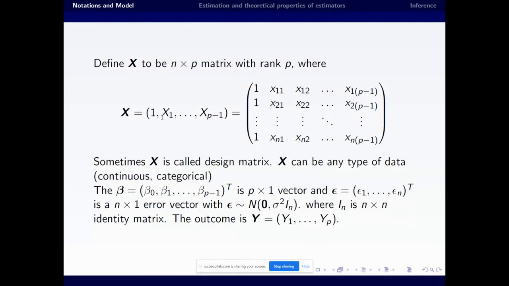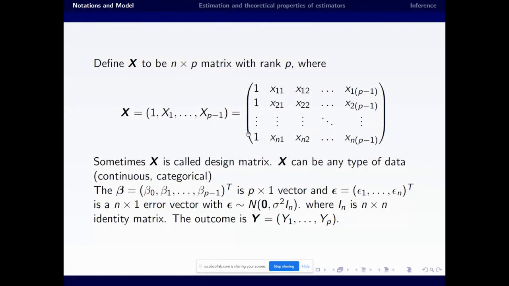So we define X to be an n by p matrix with rank p, where the first column is ones, which gives us the intercept.